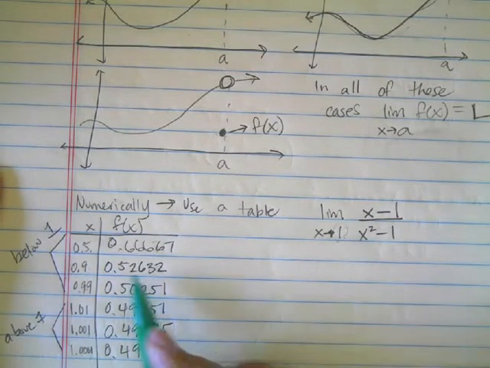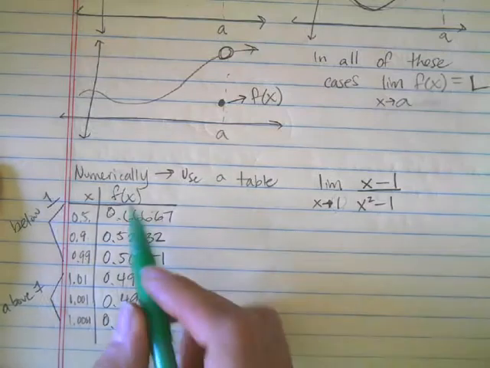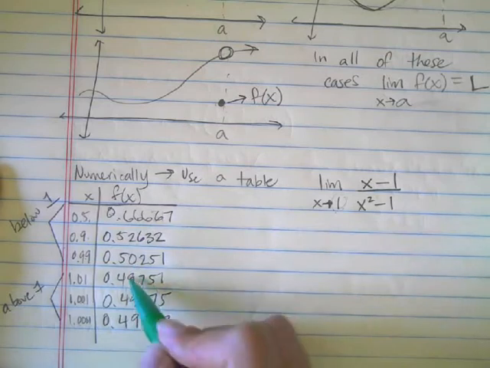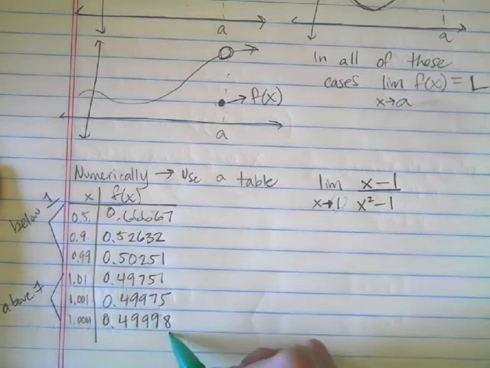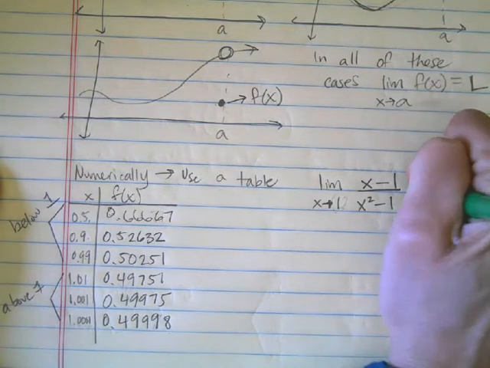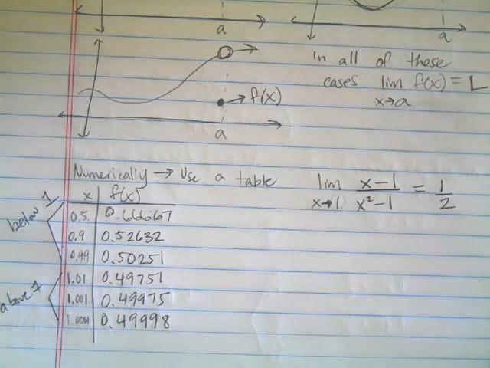As they get closer to 1, what do they approach? These ones get close to 0.50, correct? These ones also get close to 0.5. So your answer, you would assume, is 1/2, because the numbers get closer and closer to 0.5. The answer is 0.5 or 1/2.